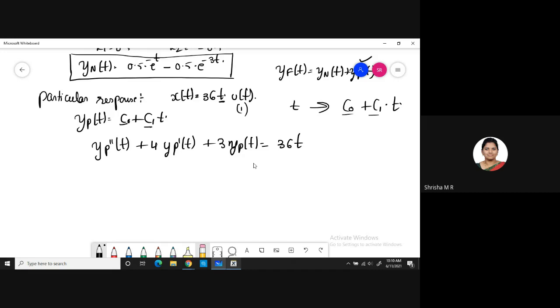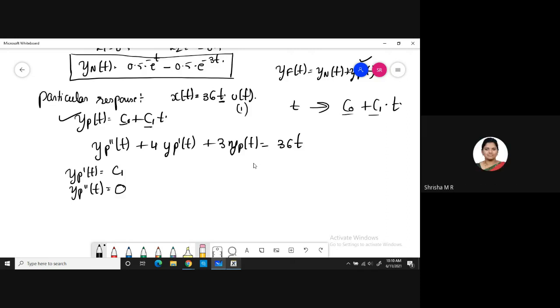So what is yp dash of t? It's the first differential with respect to t. C naught is a constant, so that will be 0. C1 into t, what will you get if you differentiate? C1. Yp double dash of t, if you differentiate this again, what will you get? C1 is a constant, so 0.